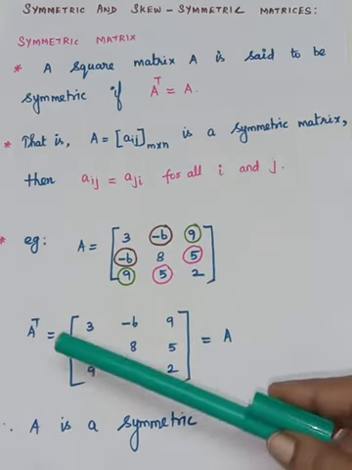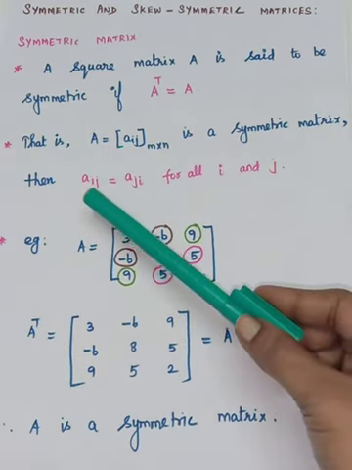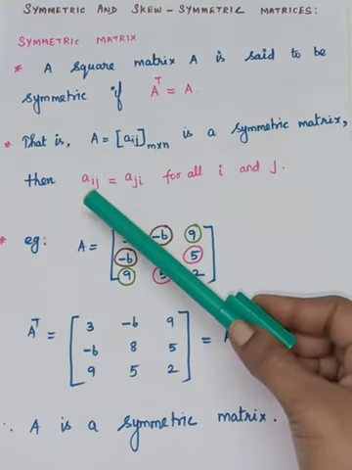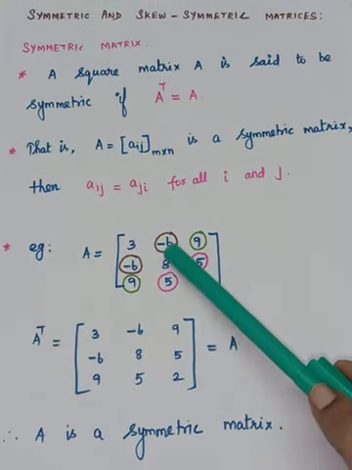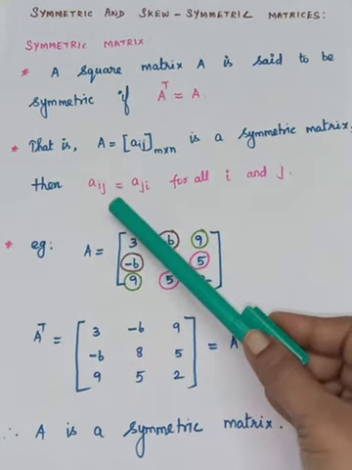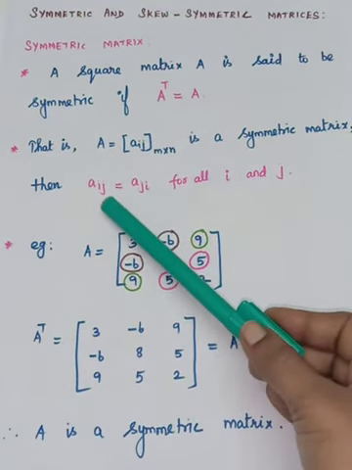When we get A transpose equal to A, it means the elements Aij are equal to Aji. So for example, I'll take this element, A12. Here A12 should be equal to A21, because i is 1, j is 2.